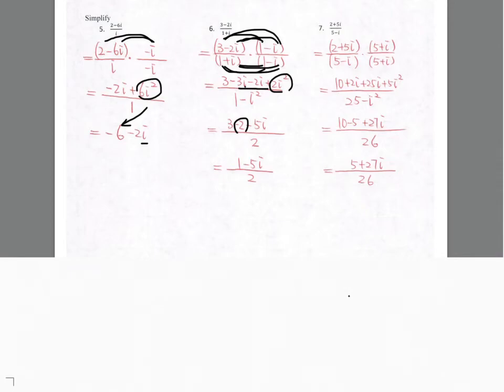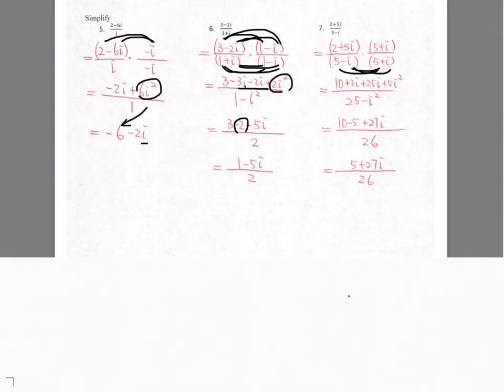It's going to be binomial times binomial. 5 times 5, we have 25. 5 times positive i, that's 5i. Negative i times 5, that's negative 5i. So 5i minus 5i, no more i. Negative i times positive i gives minus i squared.